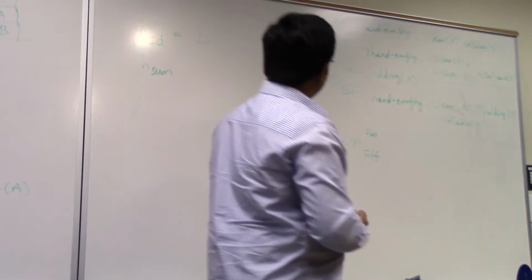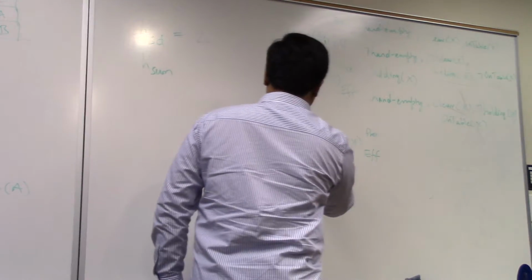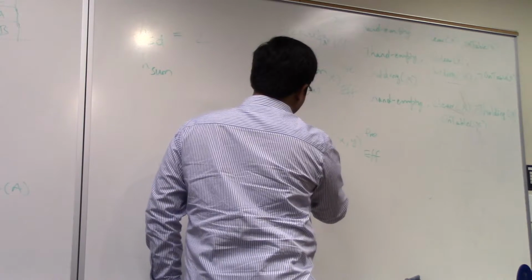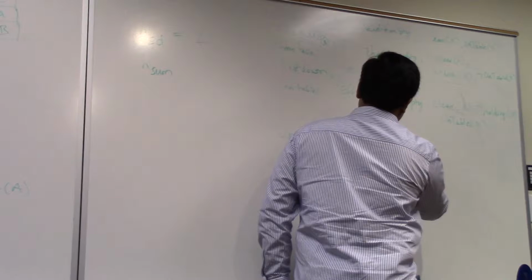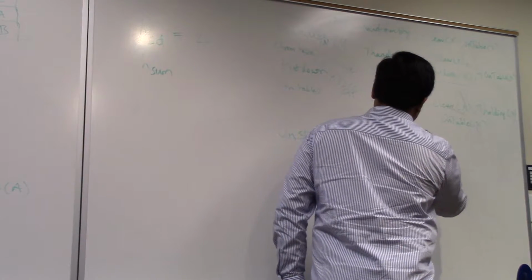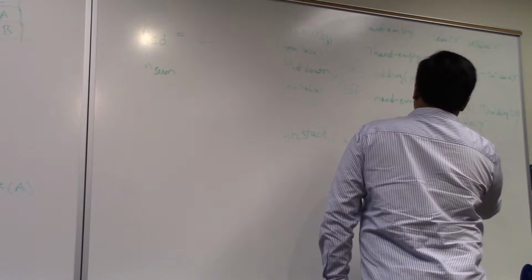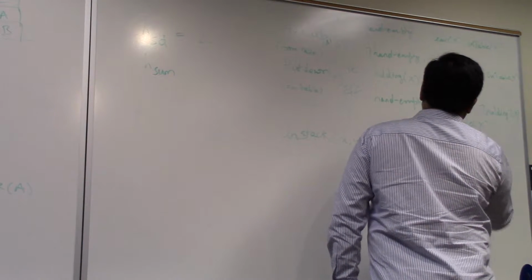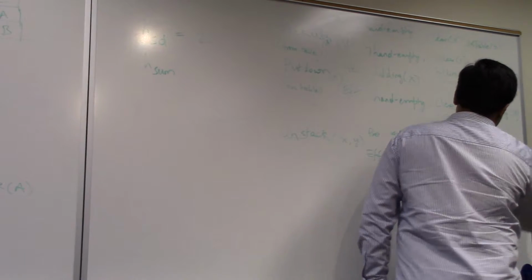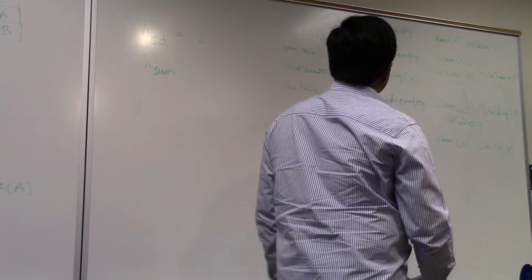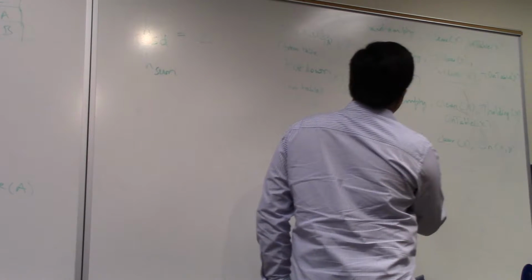So once again, almost same things. First let us do unstack, which is similar to pickup. Then preconditions will be hand empty, clear X. Instead of on table, now we'll have on X Y. That's it.